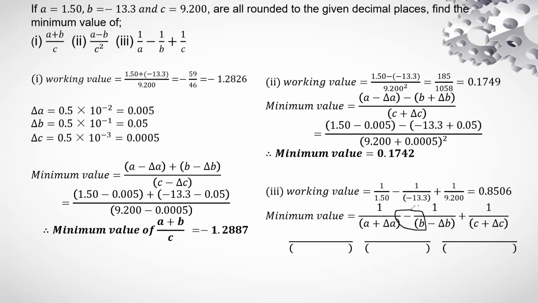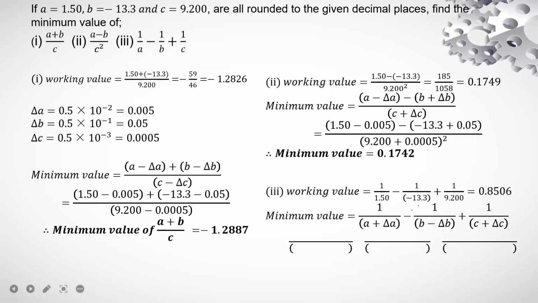So you realize you'd have 1 over A plus delta A plus 1 over B plus delta B, plus 1 over C plus delta C. I'm making the divisors as big as possible, but because of the minus sign that exists between the fractions 1 over B and 1 over A, that means I have to subtract delta B from B to make that as big as possible.